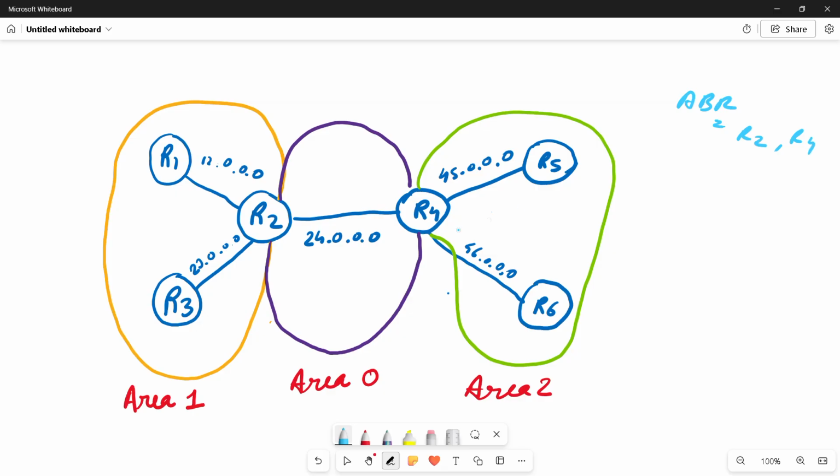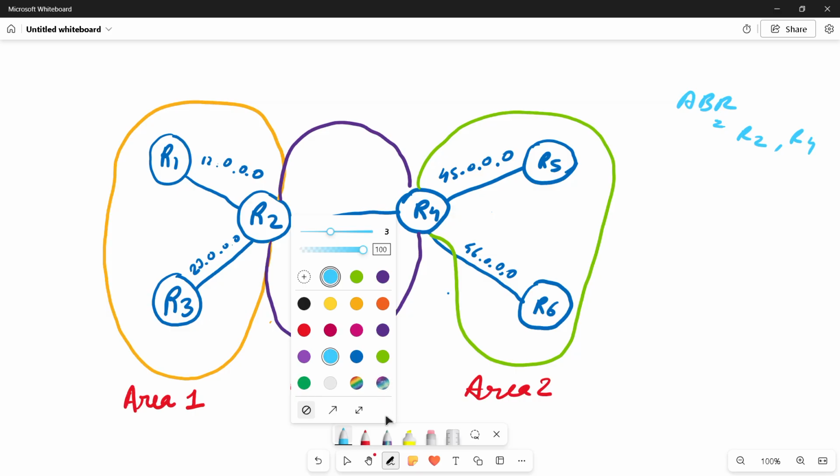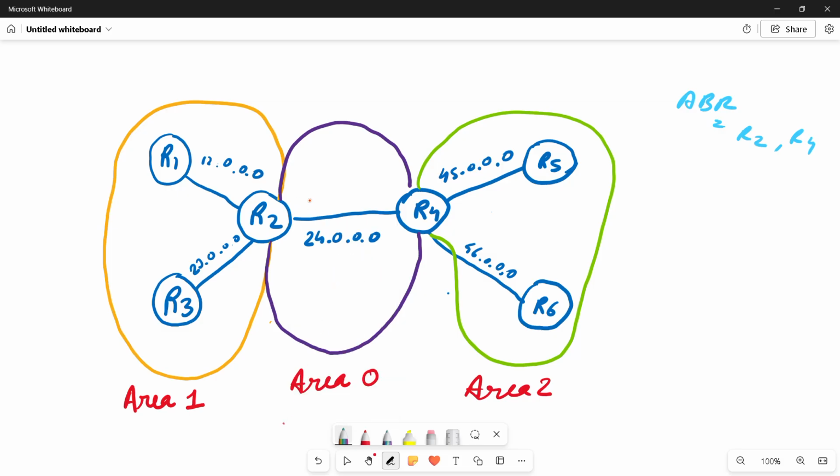Right, now the game is, we change the color for that. When R2 generates the network summary LSA for, let's suppose, area 0, the networks it is going to propagate will be 12.0.0.0 and 23.0.0.0, right?